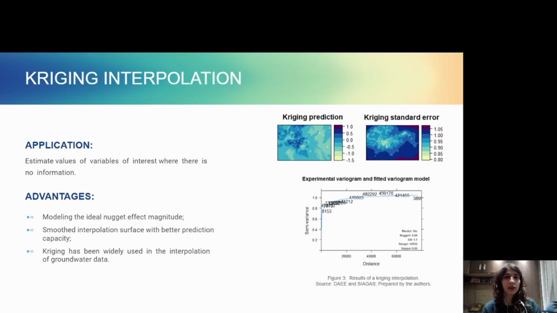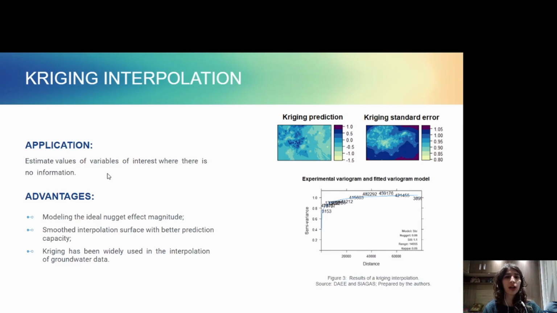After we resolve the equation of the AVI model, we have the results, and then we can create a map with them. One of the methods to map the results is Kriging interpolation. That is a statistical method that estimates values of variables of interest where there is no information.